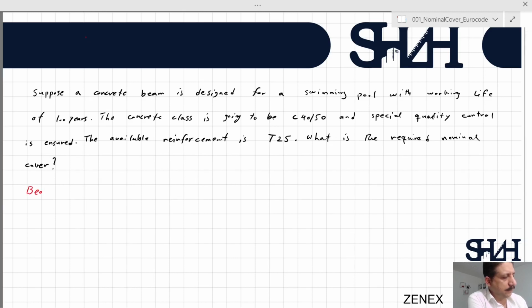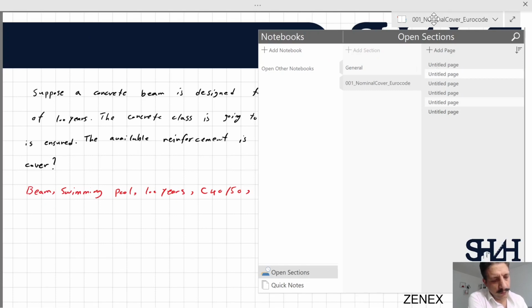It's a beam in swimming pool, and for 100 years working life, C40/50, a special quality control, and T25. So first of all, we need to know what kind of exposure class our structure is.